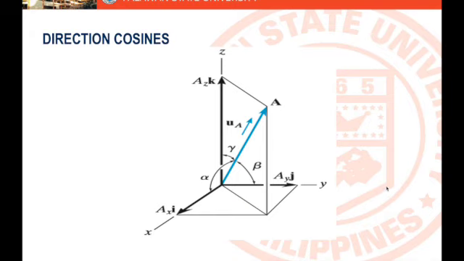Okay, so again, i, j, k, x, y, z, and you have alpha, beta, gamma. So these so-called direction cosines are the angles that the x, y, z components make with our vector.